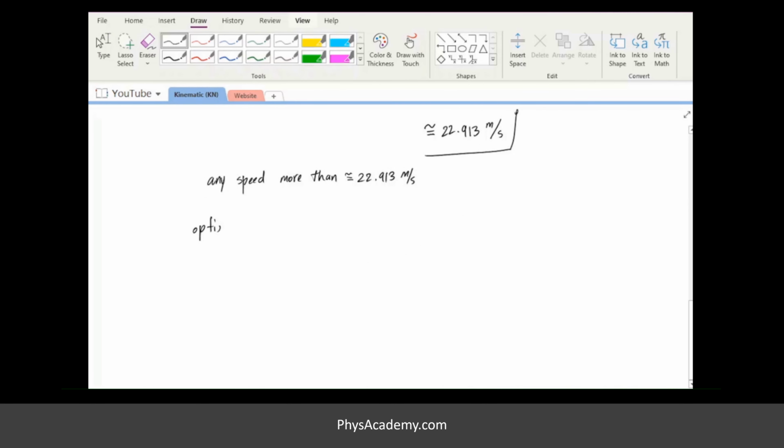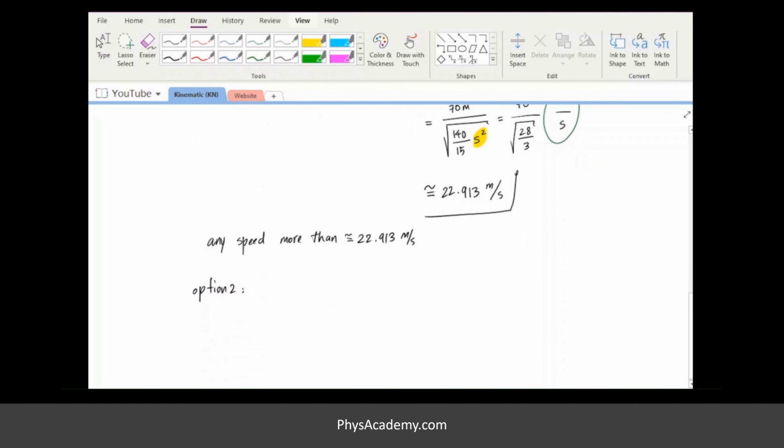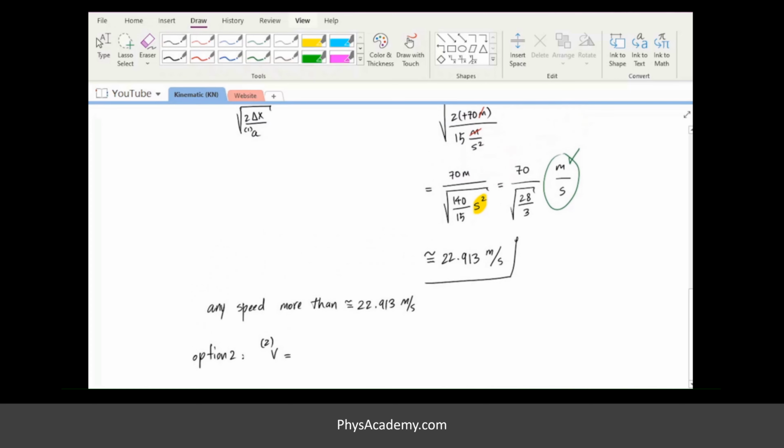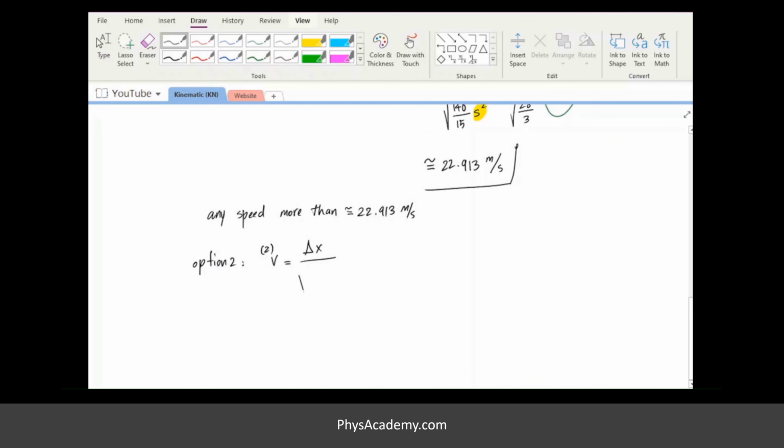Now let's see what option 2 is. We could rearrange the velocity equation a bit before plugging in the values. In the end, the final equation is much simpler.